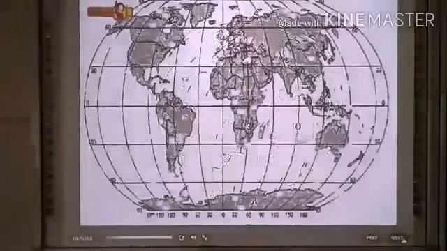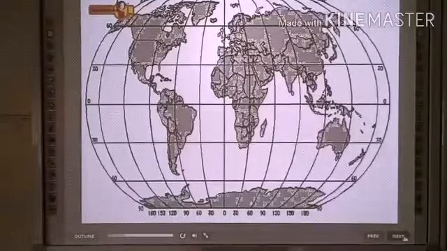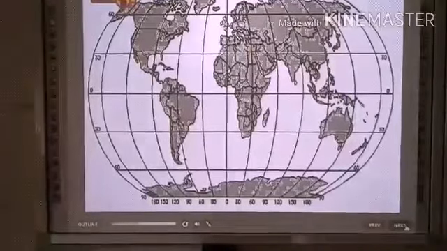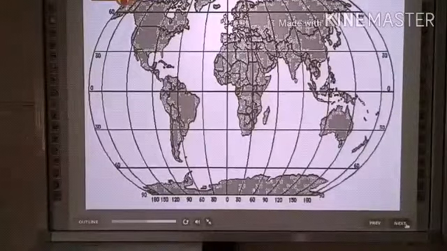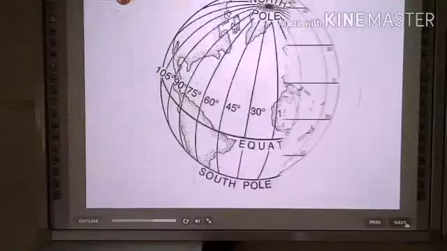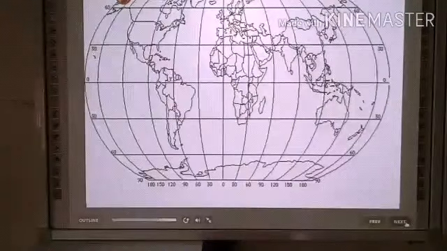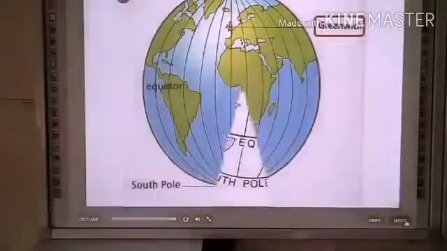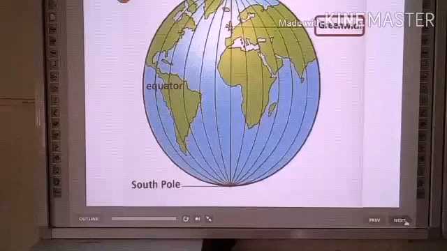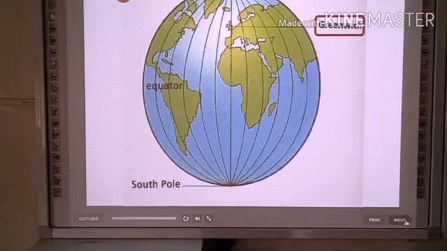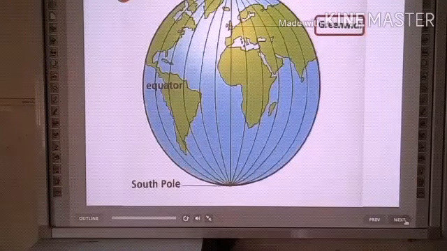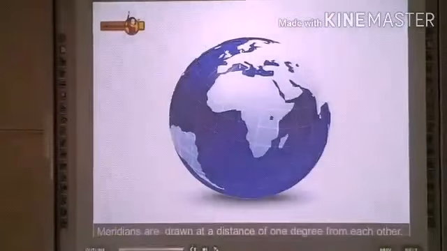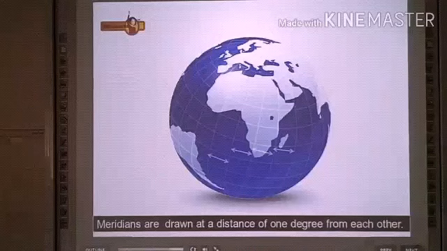Let's understand how to mark and number the meridians, their characteristics, and how to use them for locating places on the globe. To mark or number a meridian, we need a reference meridian. Greenwich, near London, was decided to be the reference to number other meridians. Meridians are drawn at a distance of 1 degree from each other.